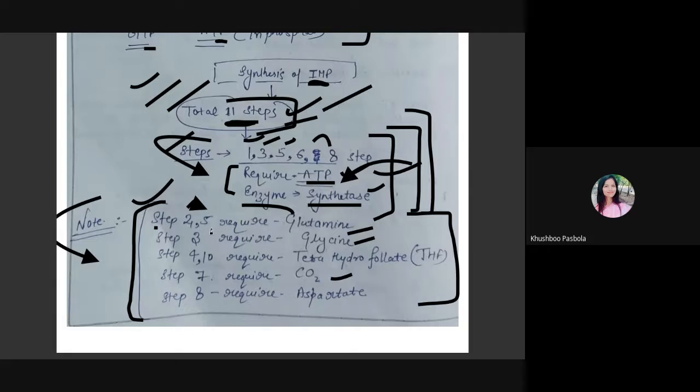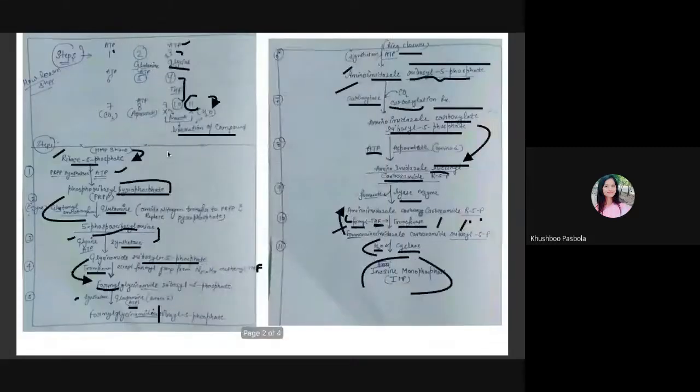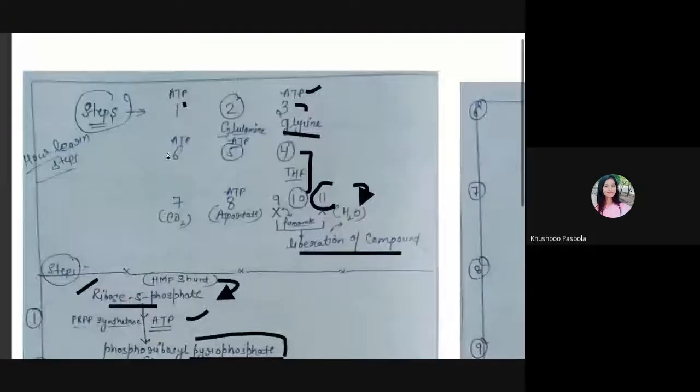So just recall again. Steps second and fifth require glutamine. Step third requires glycine. Steps 4 and 10 require tetrahydrofolate, that is THF. Step 7 requires carbon dioxide. Step 8 requires aspartate. Now, you can draw a pattern like this, just like the pattern on your mobile phone, right?